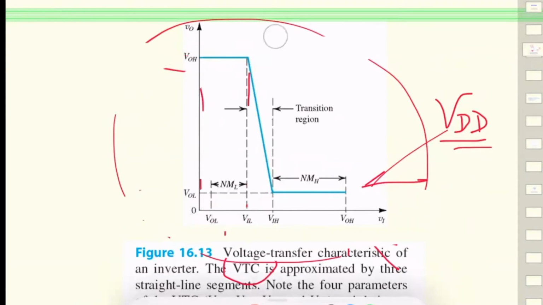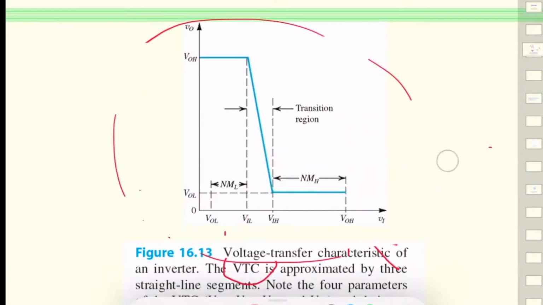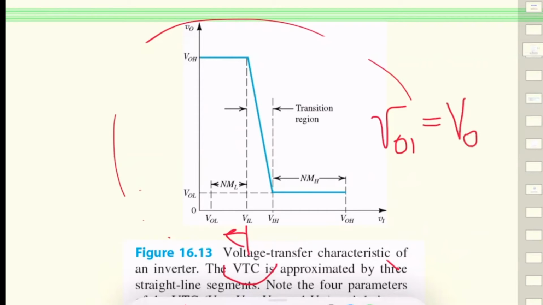As long as this added noise to the input signal keeps it below this VIL, we can think of the case that VOL, the output of the first, is at a lower level here.